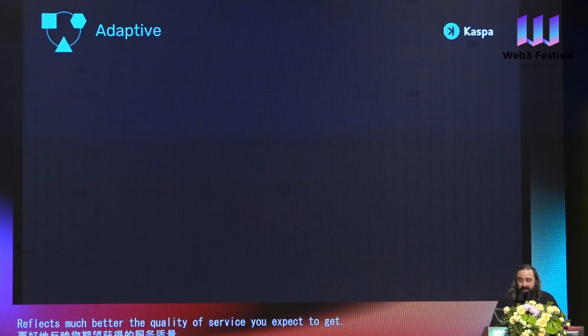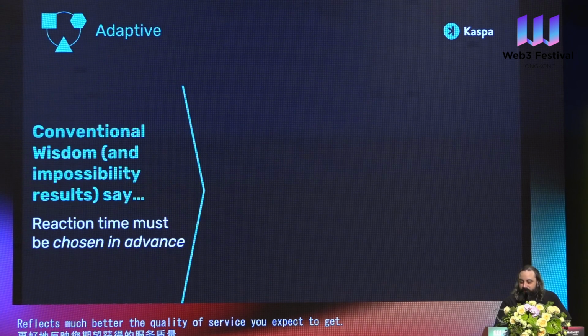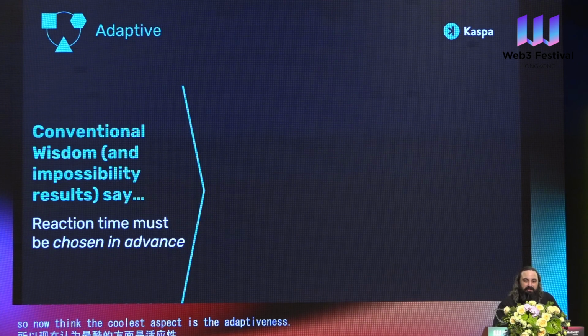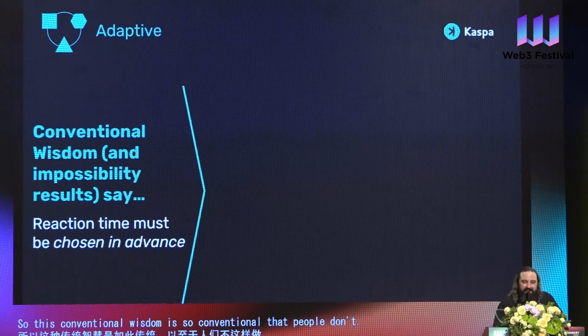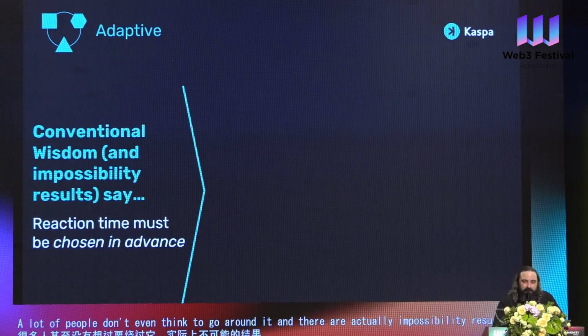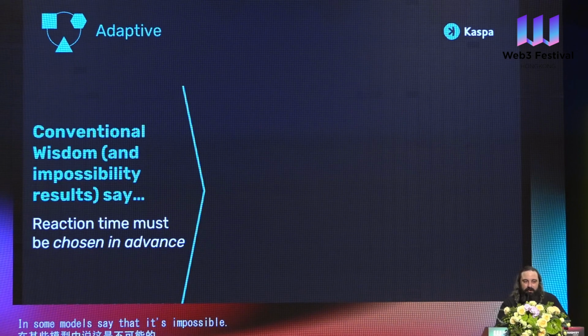Okay, so now I think the coolest aspect is the adaptiveness. This conventional wisdom is so conventional that a lot of people don't even think to go around it, and there are actually impossibility results that in some models say that it's impossible to be reactive to network conditions.